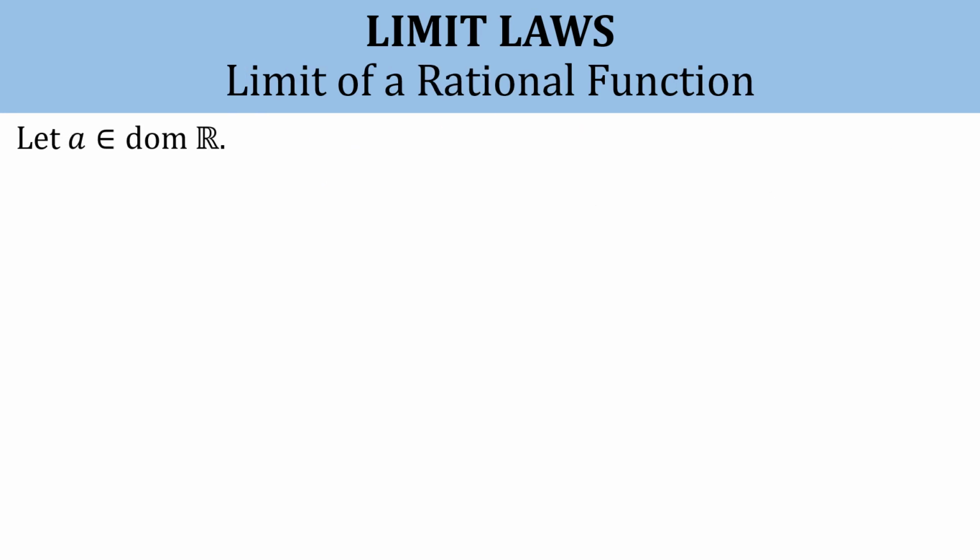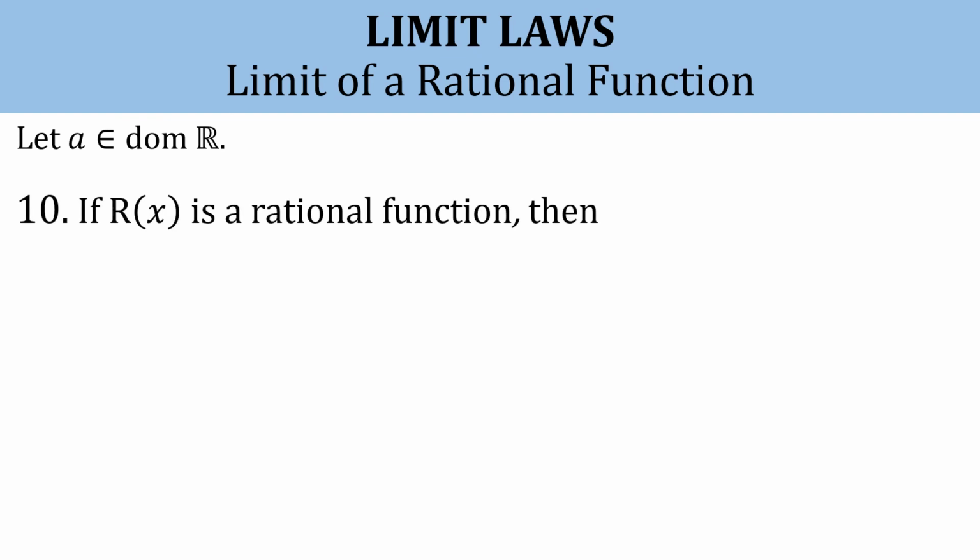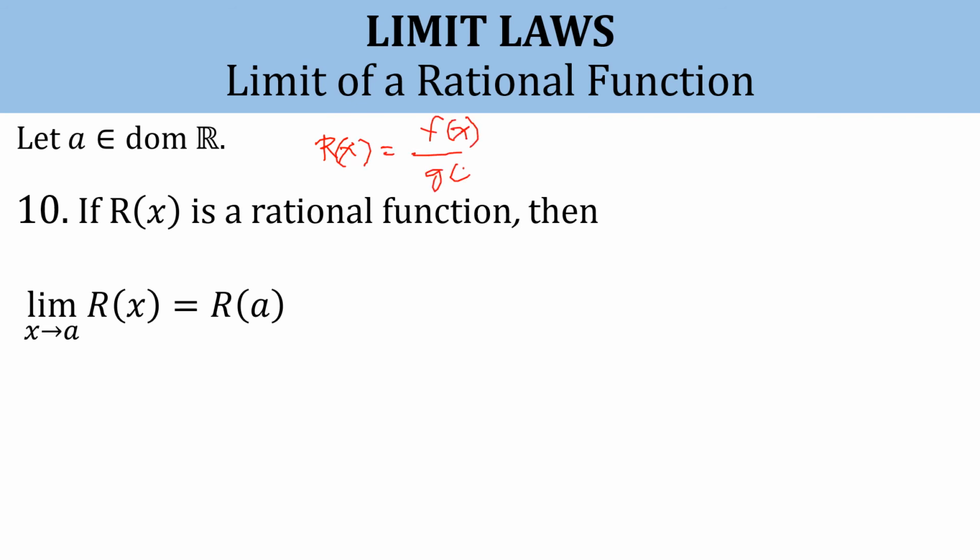All right, let's talk about limits of a rational function. A rational function, if you remember, is a quotient of two functions. So r of x is equal to, for example, f of x over g of x. So long as the denominator g of x is not equal to 0, you're fine.